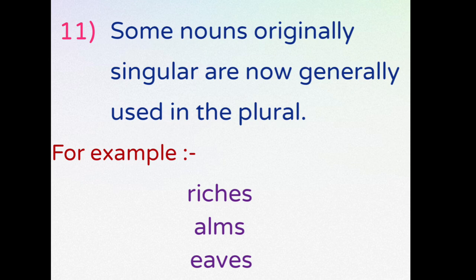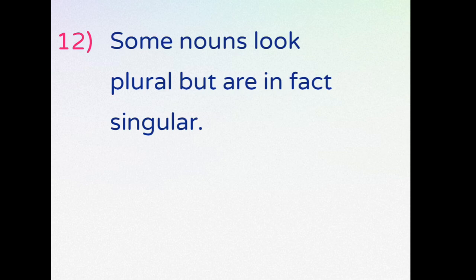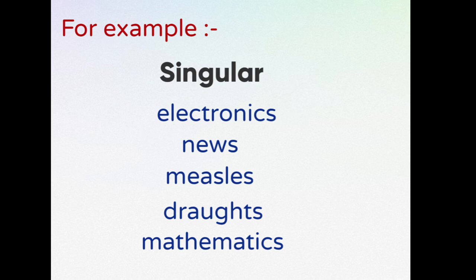Now the next point is that some nouns look plural but are in fact singular. So let's have a look at some of these examples. For example, electronics, news, measles, diabetes, mathematics.